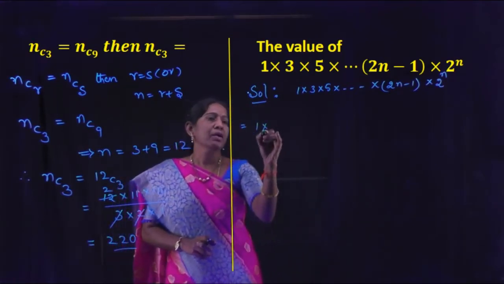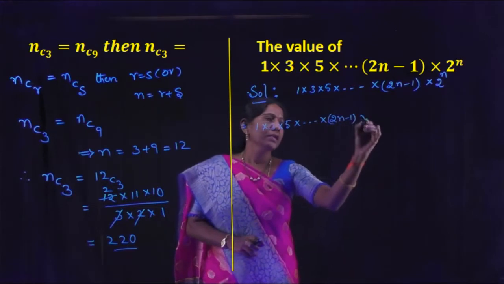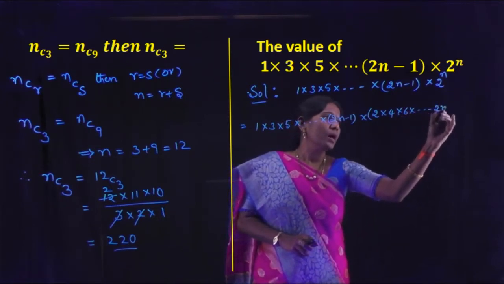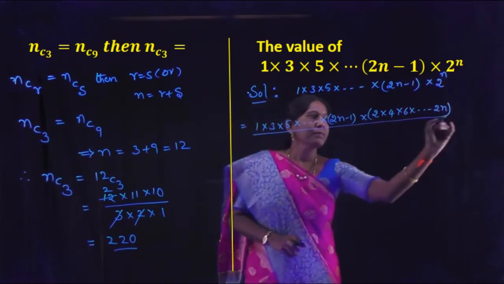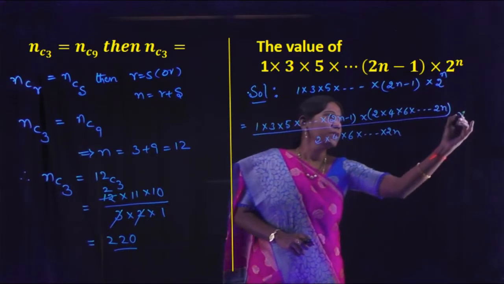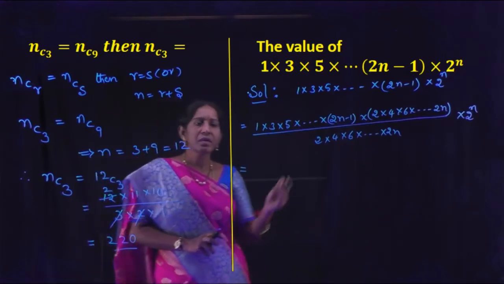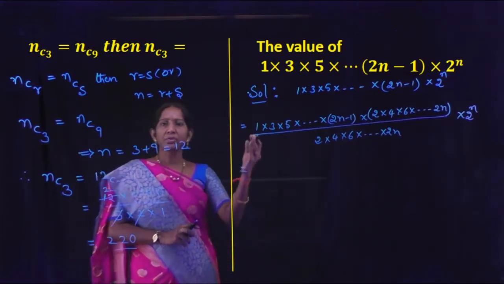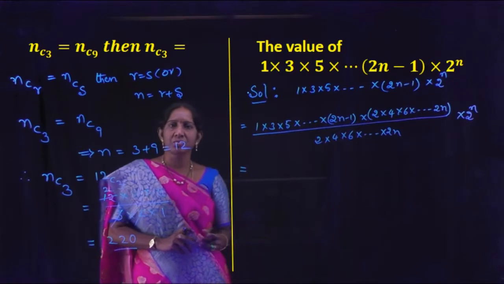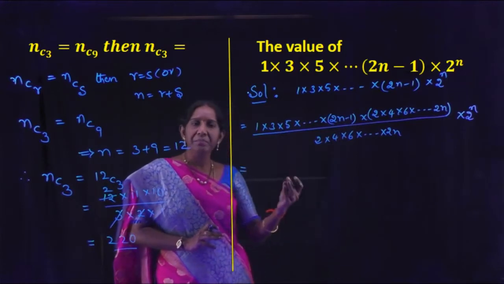Those are like 1 into 3 into 5 and so on, 2n minus 1, into 2 into 4 into 6 and so on, 2n, by 2 into 4 into 6 and so on, 2n, into 2 to the power n. Now if we observe the numerator part, we can write this as 1 into 2 into 3 into 4 and so on, 2n minus 1 into 2n.